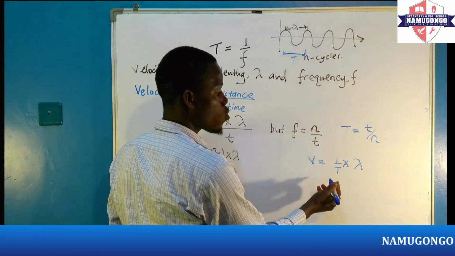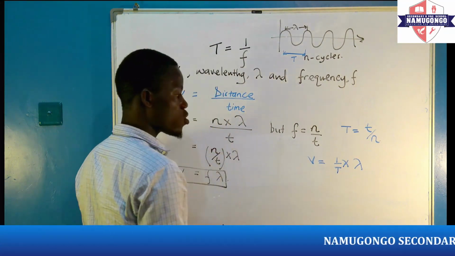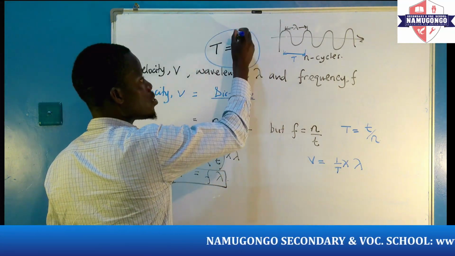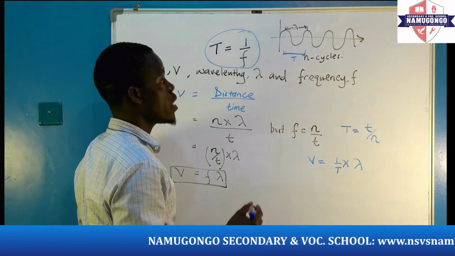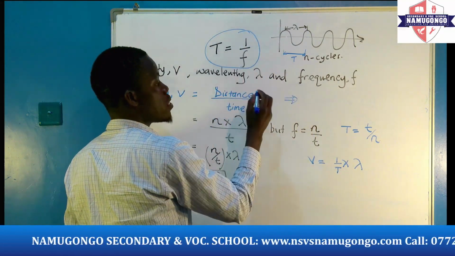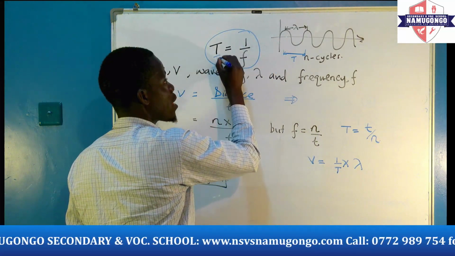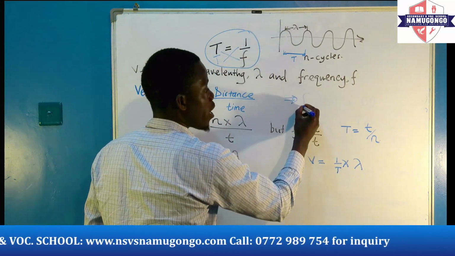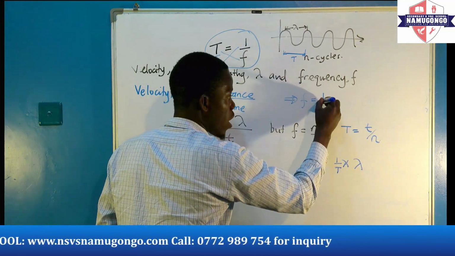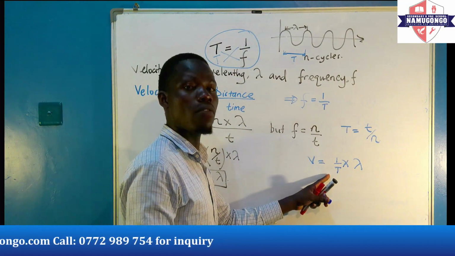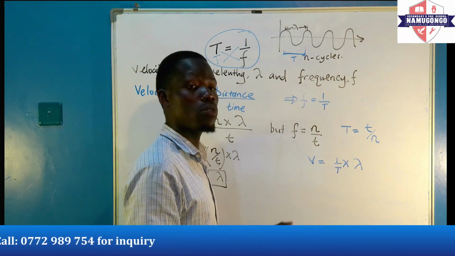Now, when you convert, because we concluded also by saying that t is equal to 1 out of f, similarly, if we made f the subject by cross multiplying, you will find that f is equal to 1 out of t. So wherever we have 1 out of t, we can substitute with f.